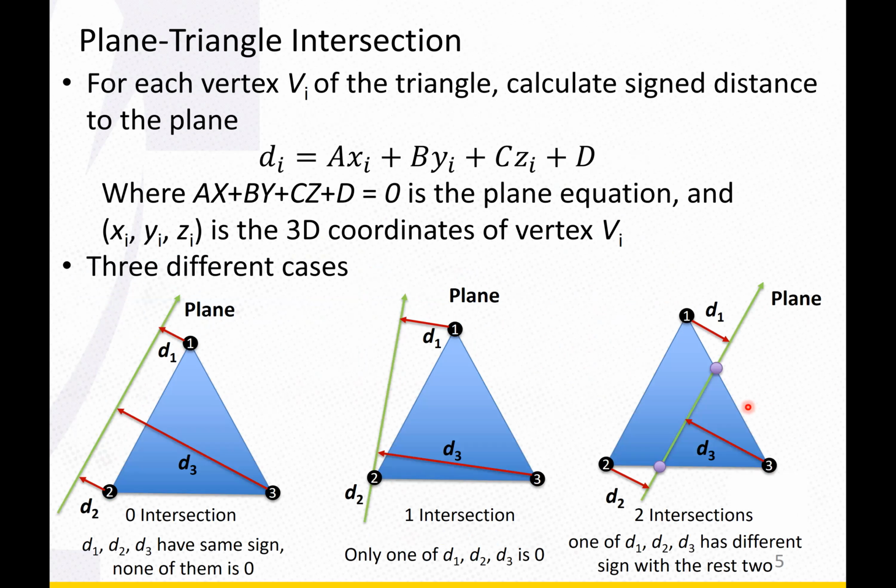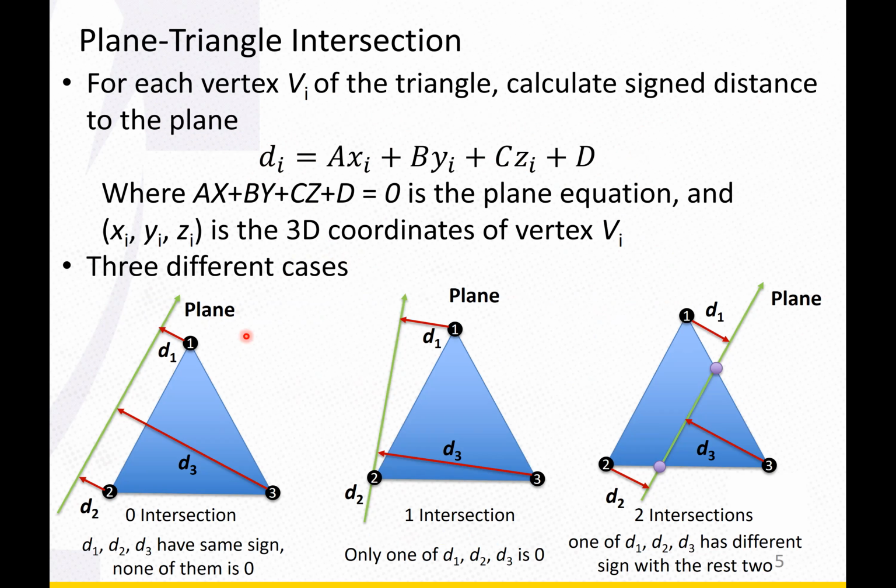And in more detail about the plane triangle intersection. For each vertex of a triangle, we need to compute a signed distance to the plane. If we represent the plane using this plane equation, you can substitute each of the vertices of a triangle into this plane equation. Then you will have a d value, and this d value has a sign.